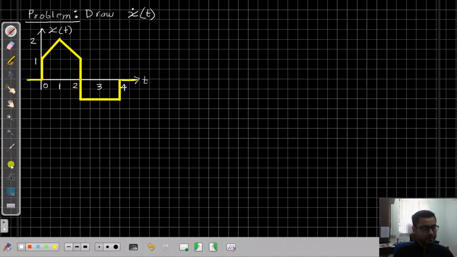How do we do that? Observe that in this part x of t is constant, so the derivative will be 0 here. So the derivative is 0. So this is x dot t.